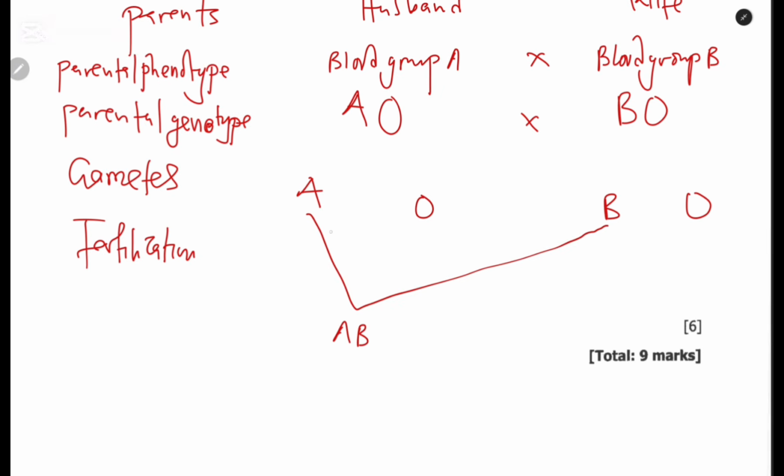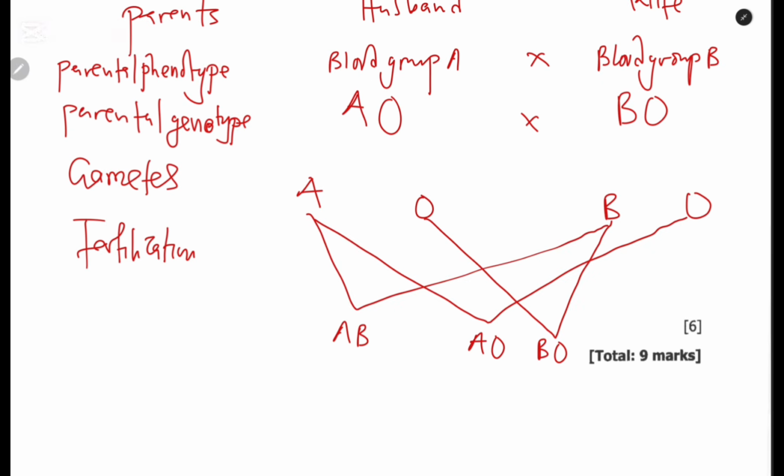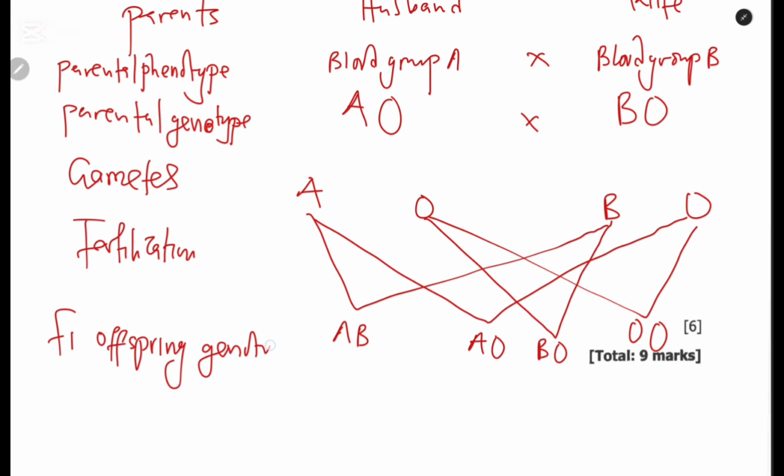That is AB. This with that is AO. This with that is BO. This with that is OO. So first filial generation offspring, F1 offspring, genotype. Then F1 offspring phenotype.